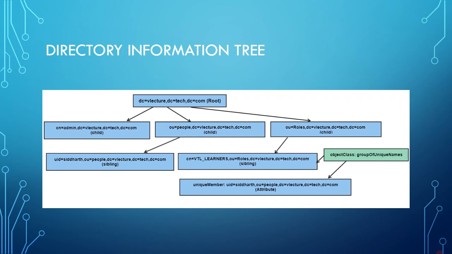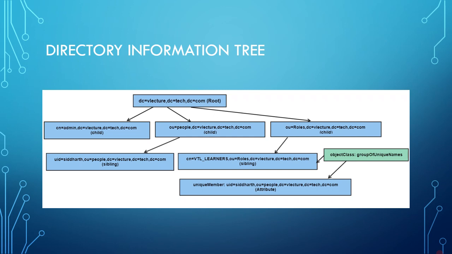The one on the top is called the root entry, and every entry in LDAP is uniquely identified by a set of key value pairs called the distinguished name. In short, it is called DN.